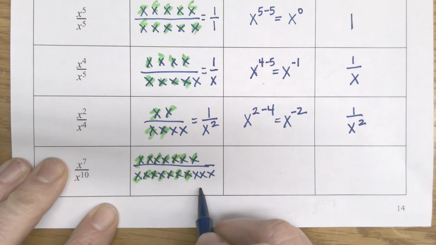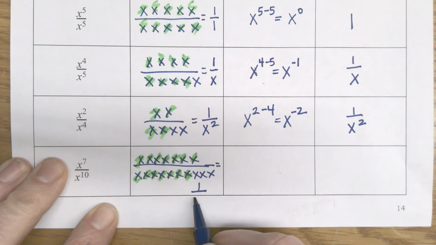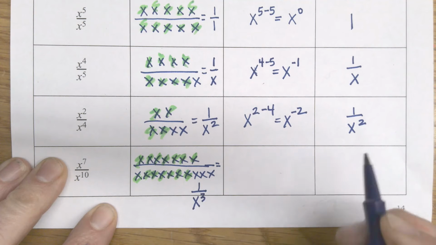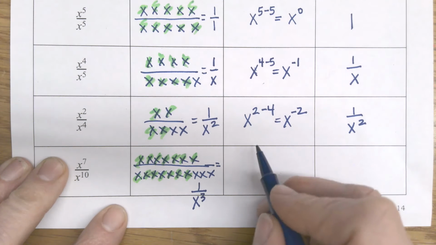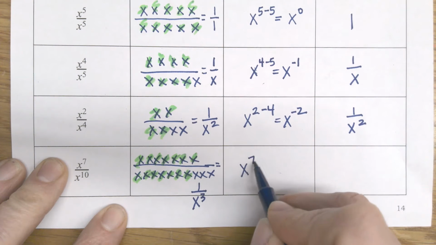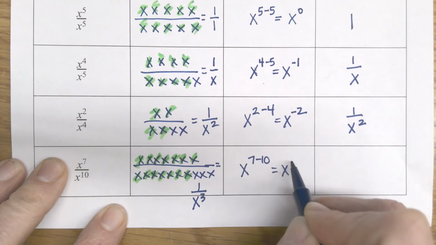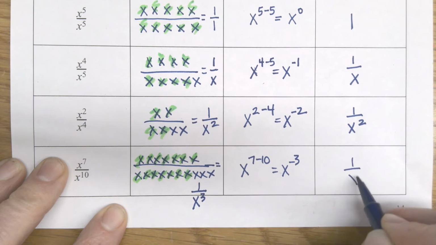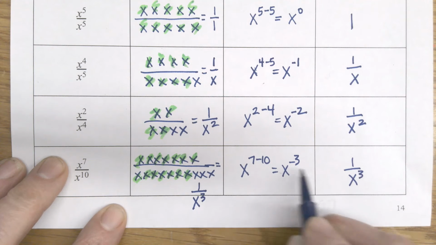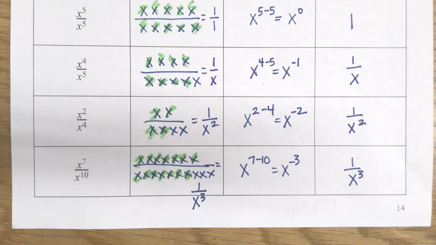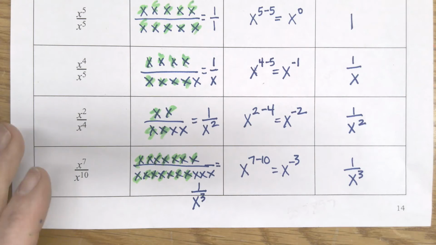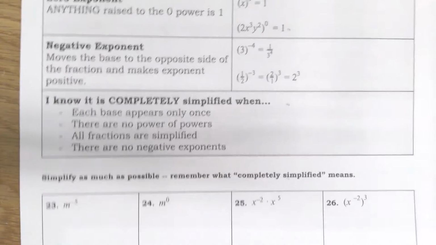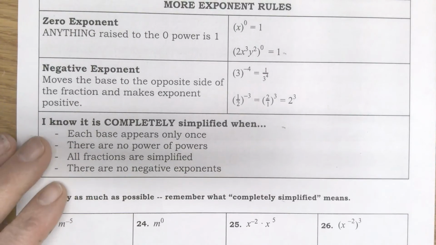I have 3 x's left on the bottom. If I do the shortcut, it's 7 minus 10, or x to the negative third. And so the correct answer here is 1 over x cubed. So we're going to make that connection to a negative power. And so when we move on to the next page, we'll take a look at how those power rules work.